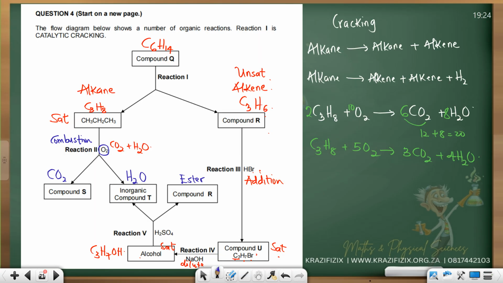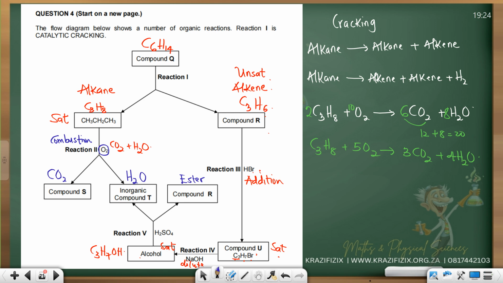IUPAC name of U. What is the IUPAC name of U? Do we remember? Look at that. What's the name? C3H7Br. Bromo something.